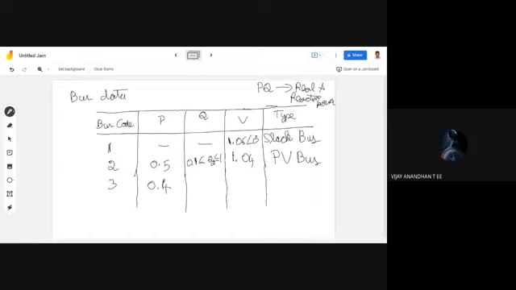Normally, in such cases, what you have to do, for example, over here you can see in such criteria also. Now they didn't give you the slack bus, and they didn't give you the PV bus. They didn't give you the type of bus itself.